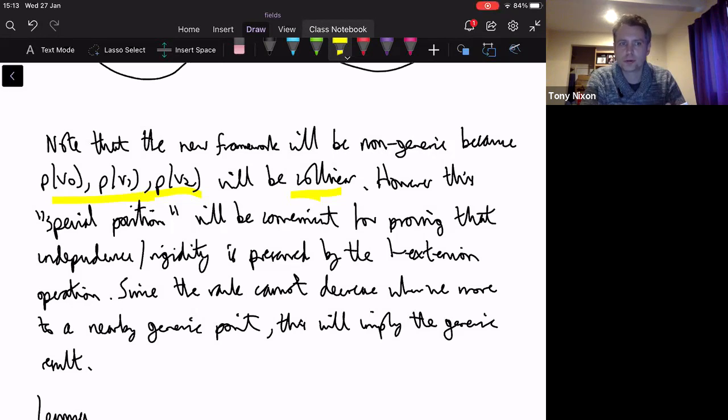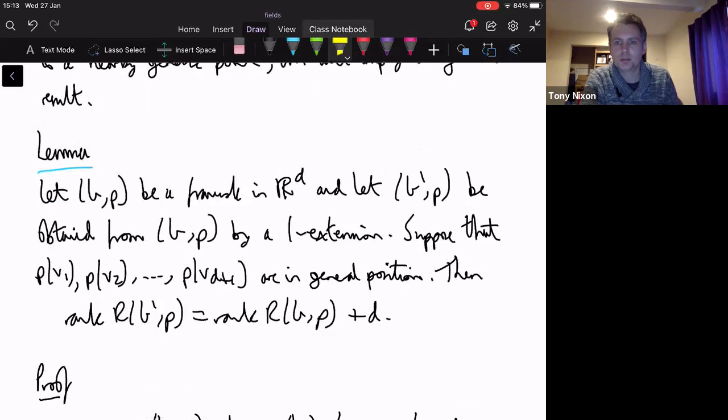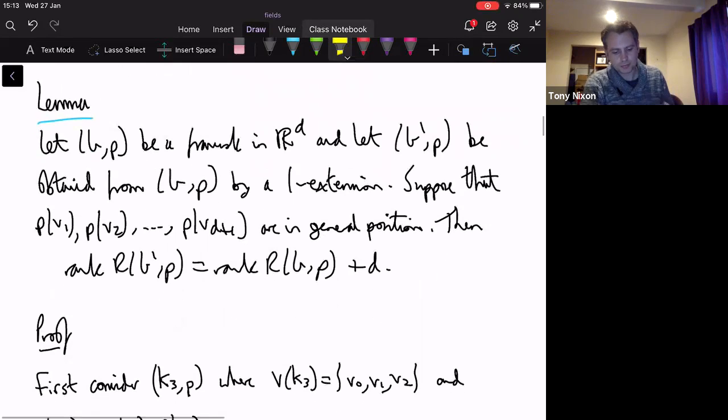So if we can prove rigidity is preserved at this special position, it will guarantee that rigidity is also preserved by a generic framework. So if we have a generic framework G, which is rigid, and we apply this move at the special position, it will be rigid, and then at the generic one, it will be rigid as an immediate consequence. So let's look at the lemma that proves this operation preserves rigidity.